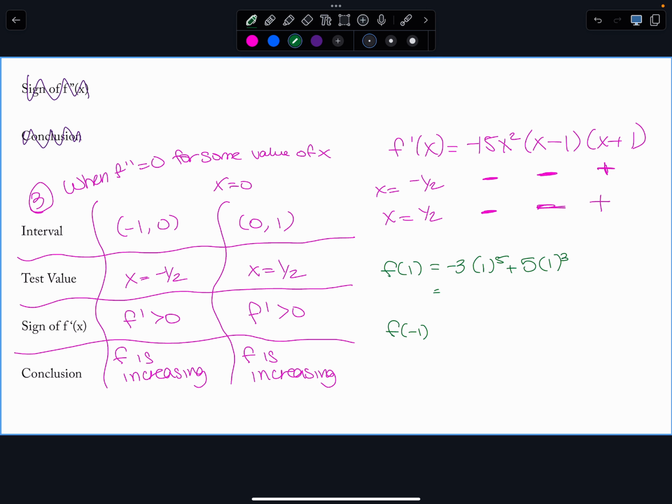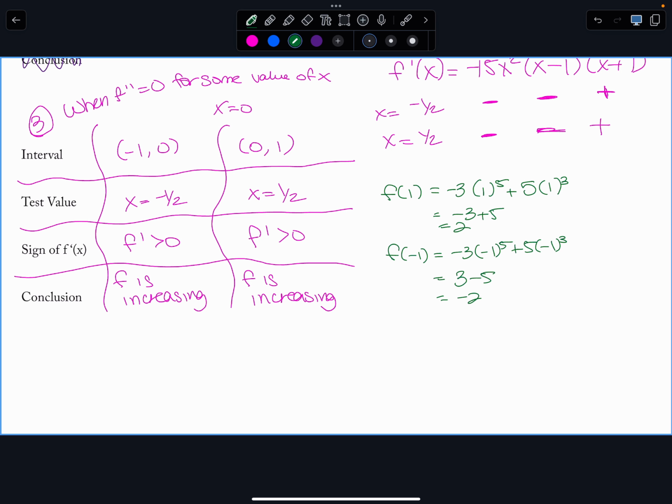So that gives me a negative 3 plus 5, which gives me 2. This would be a negative 3 times negative 1 to the 5th, plus 5 times negative 1 cubed. So this gives me a positive 3 and a minus 5, so that gives me a negative 2.